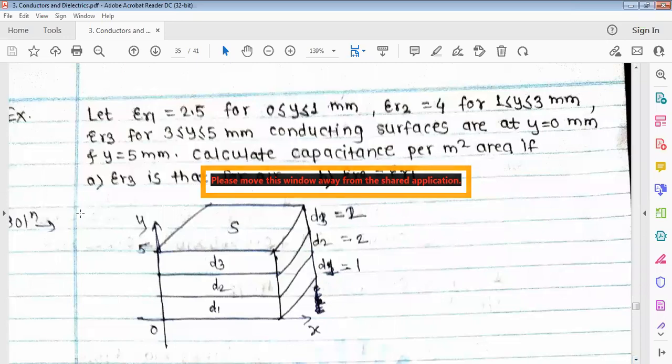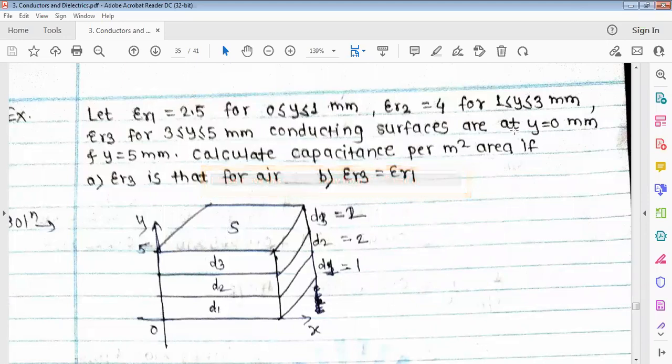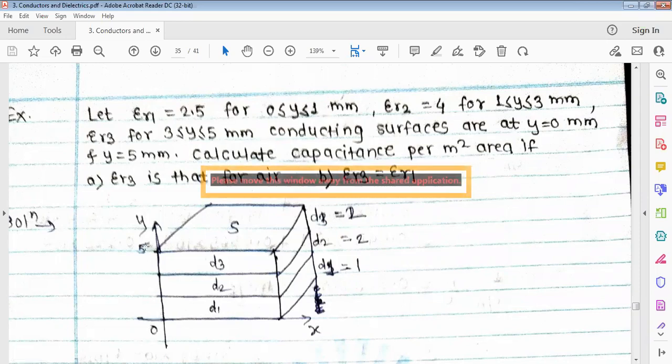So here the x-axis is there, the y-axis is there. Now here this y is varying from 0 to 5, that is from the origin to here, 5. A capacitor is there. Now from 0 to 1, here this distance is 1, that is d1 equal to 1 mm.